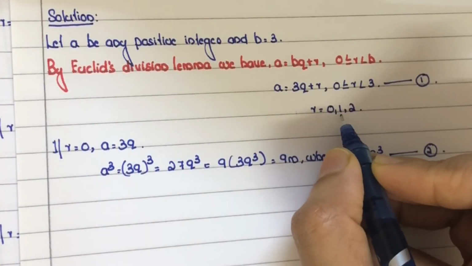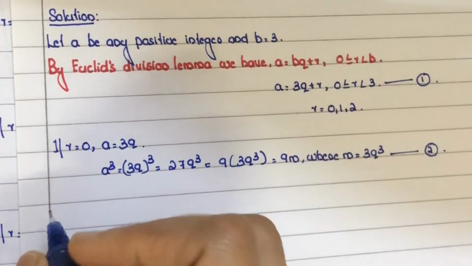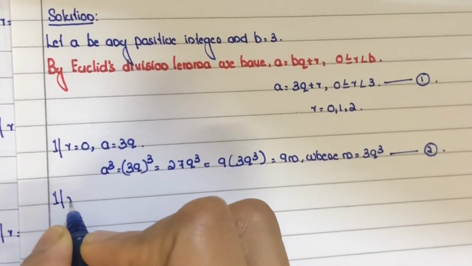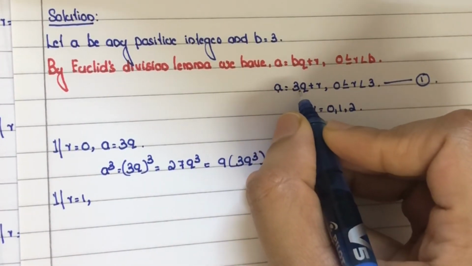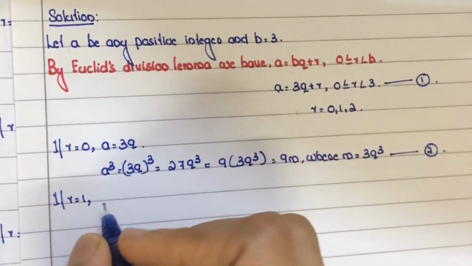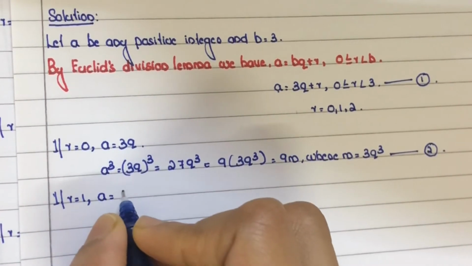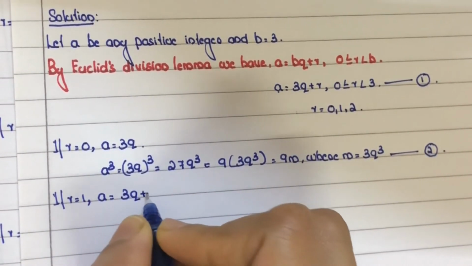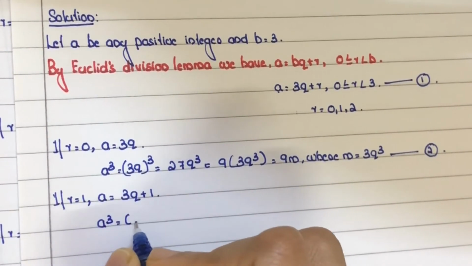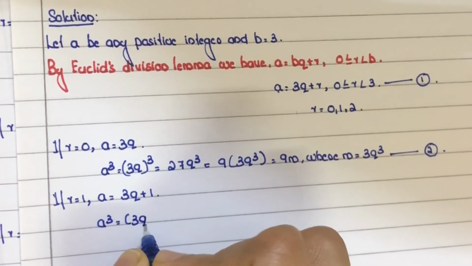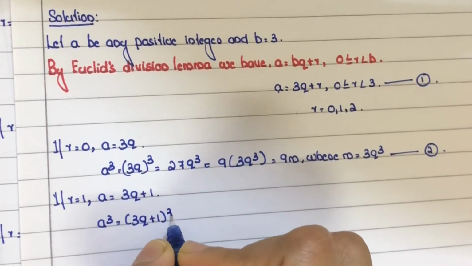Next, if r is equal to 1. If r is equal to 1, equation 1 becomes a equal to 3q plus 1. Now a cube is equal to 3q plus 1 whole cube.